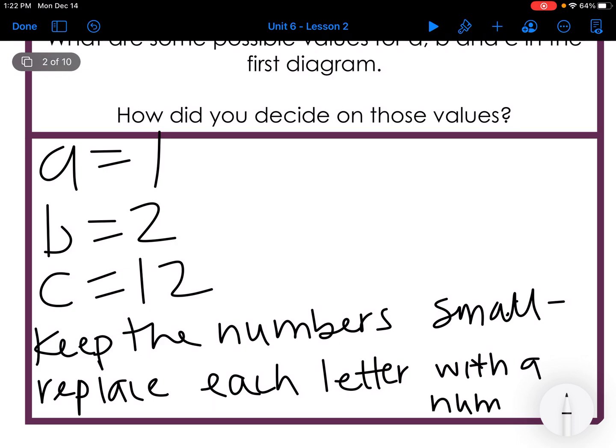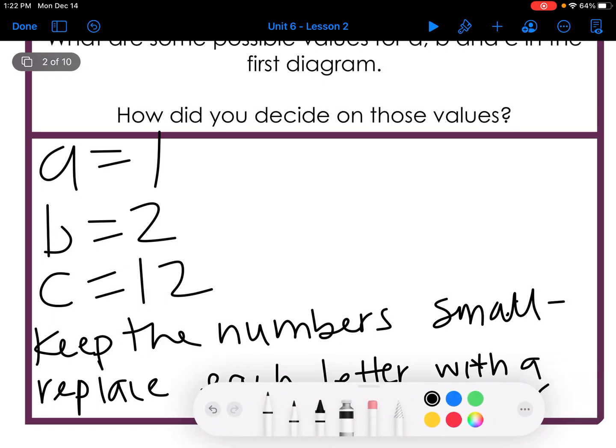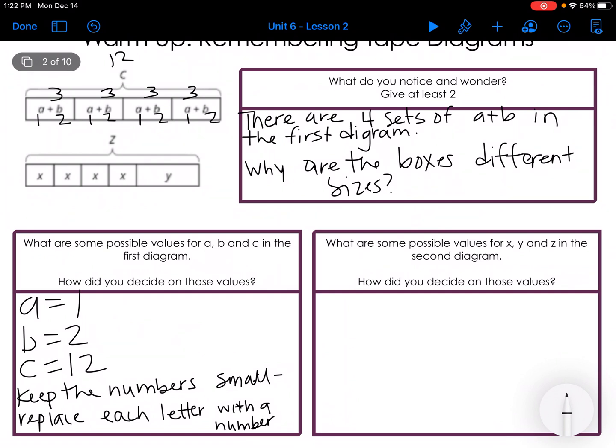Now, you could have chosen larger numbers if you wanted to. You could have chosen 2, 2 and 3, and that would have changed your C value, however you wanted to do it.